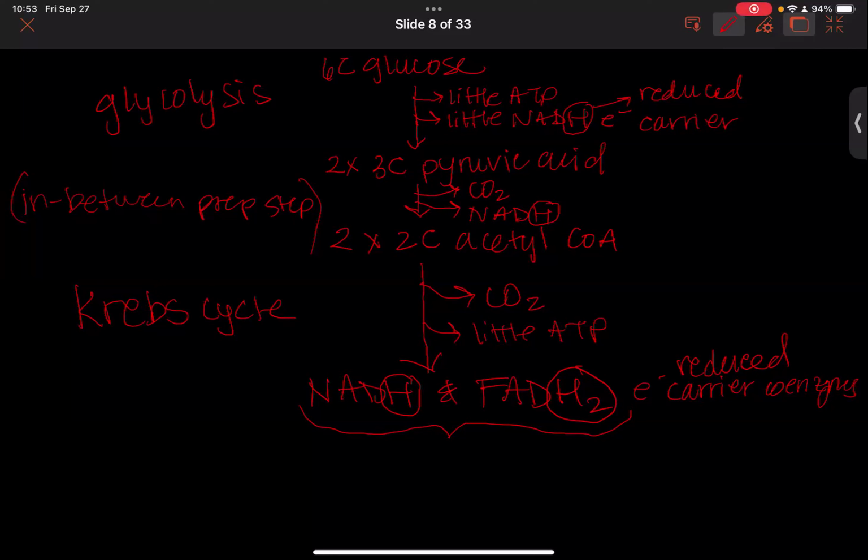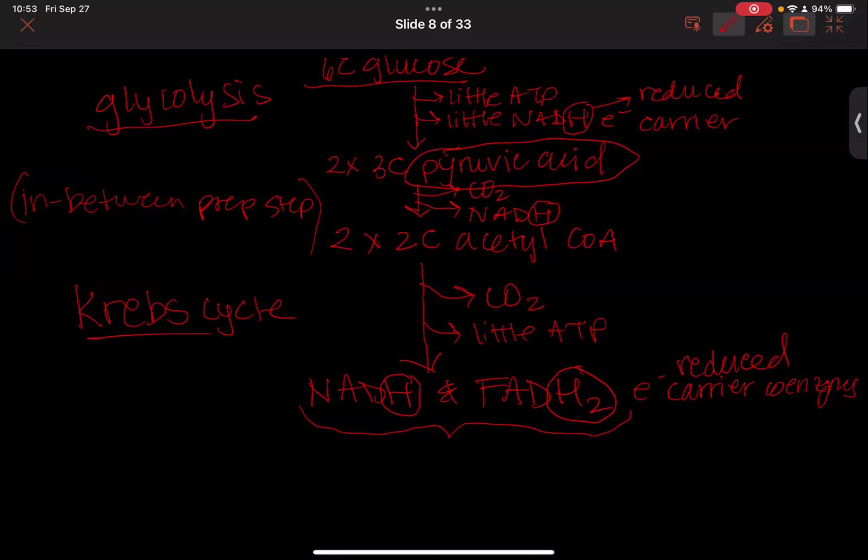These are the things at the side that we kick off in the meantime, okay? So anything that comes off to the side in this image is stuff that we're kicking off in the middle of it all. It's not the big daddy goals. Stuff at the bottom in arrows that are going down are our big daddy goals. So for glycolysis, we went from glucose to our big daddy goal of pyruvic acid.